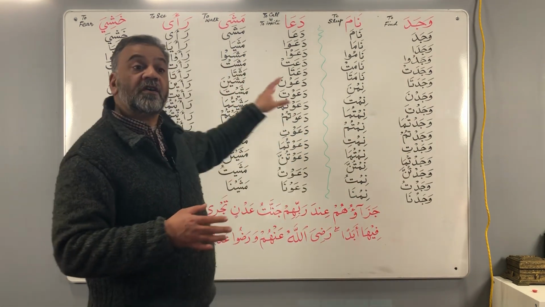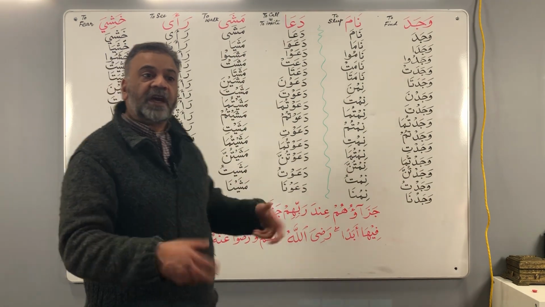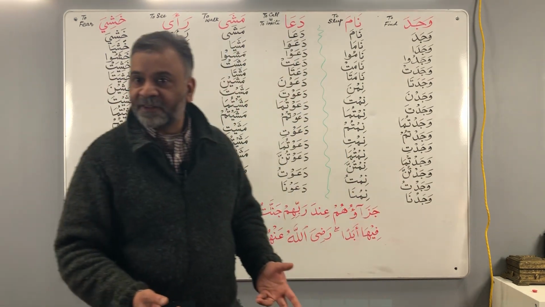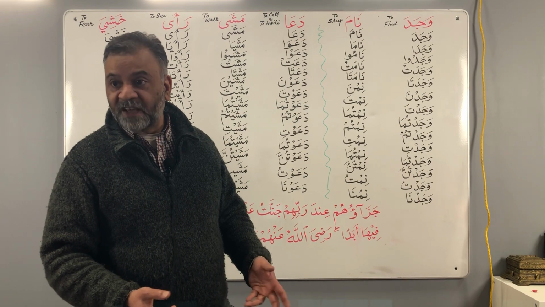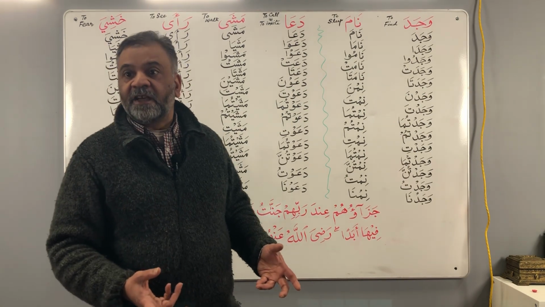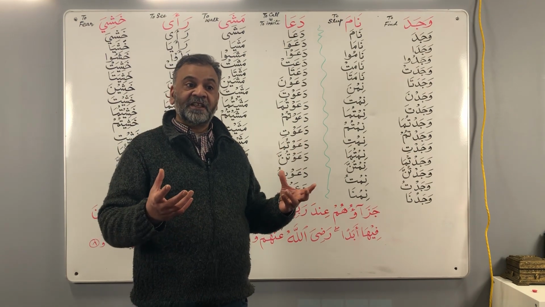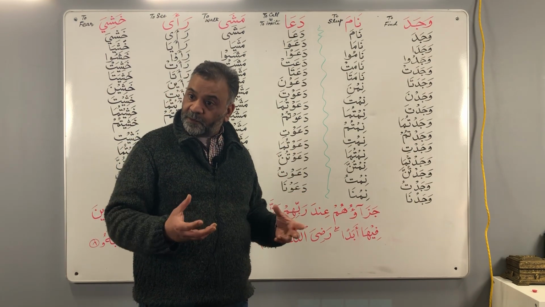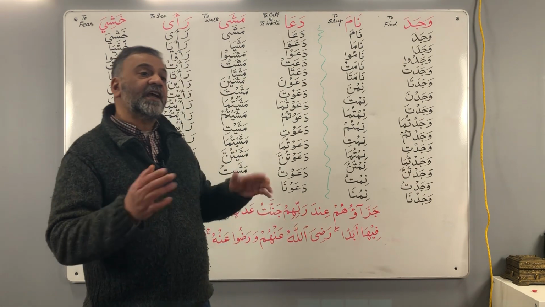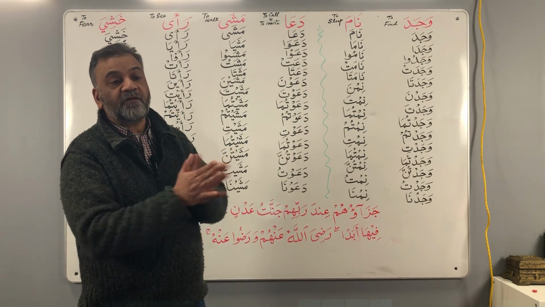So since at mutaharrik pronouns the ya is manifesting itself, it's not going to destroy the original verb. So the ayn kalima will remain, and then they have to work together.